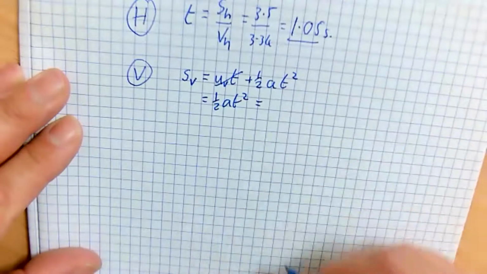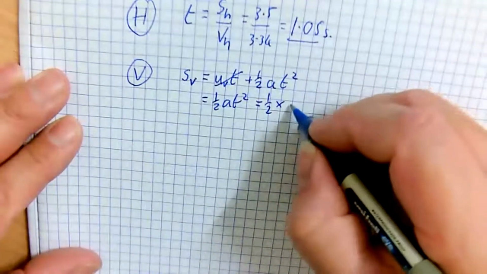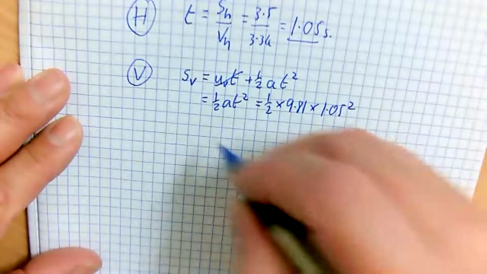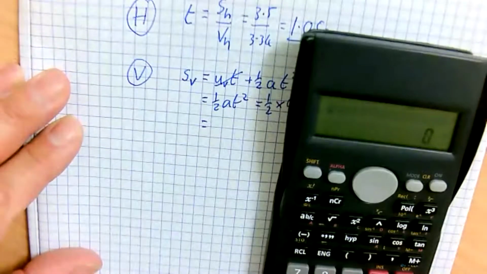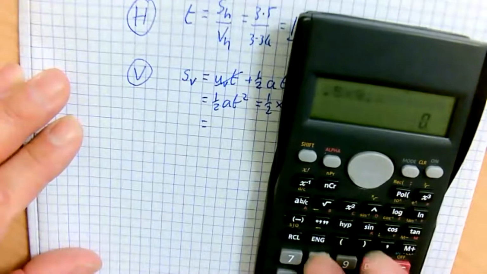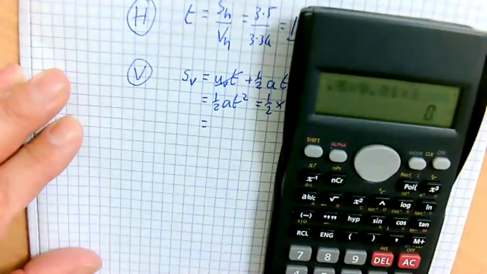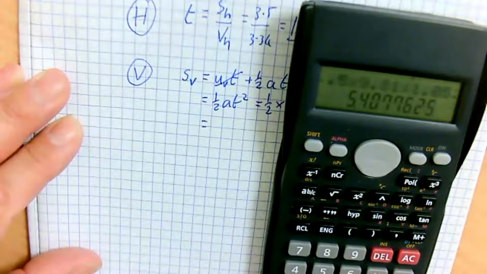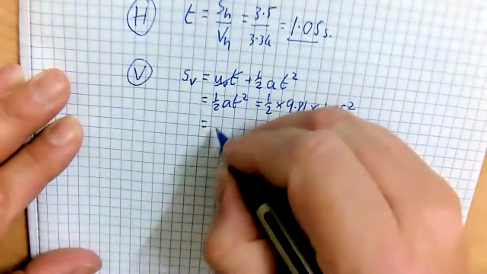So it's vertical motion only that we're really considering. So it's a half multiplied by 9.81 multiplied by 1.05 squared. That's just a simple calculation: 0.5 multiplied by 9.81 multiplied by 1.05 squared gives you 5.4 meters, allegedly.